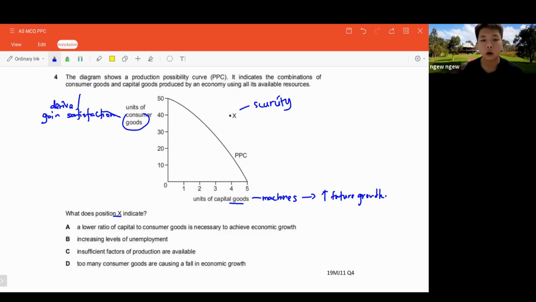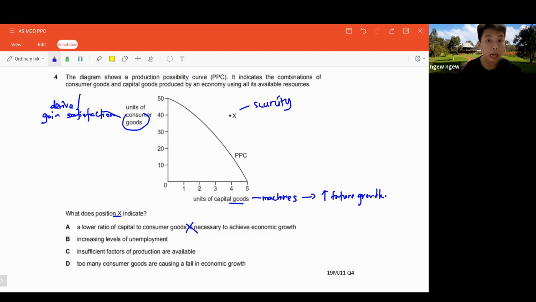So you are not told. And when we talk about economic growth, what kind of economic growth are you referring to, actual growth or future growth, okay? So point X definitely doesn't indicate this kind of ratio.